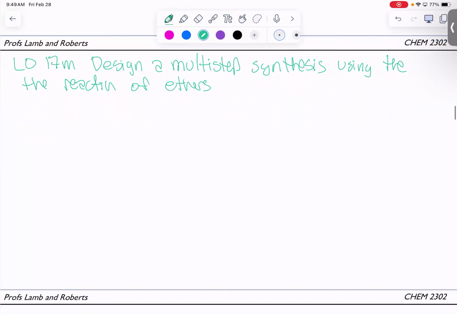If on an exam you were given this question with multiple arrows to design to get to this particular product, let's see what you would come up with. We can say this is a racemic mixture, so we're just worried about the relative stereochemistry. We're not saying that we need to get a single enantiomer.